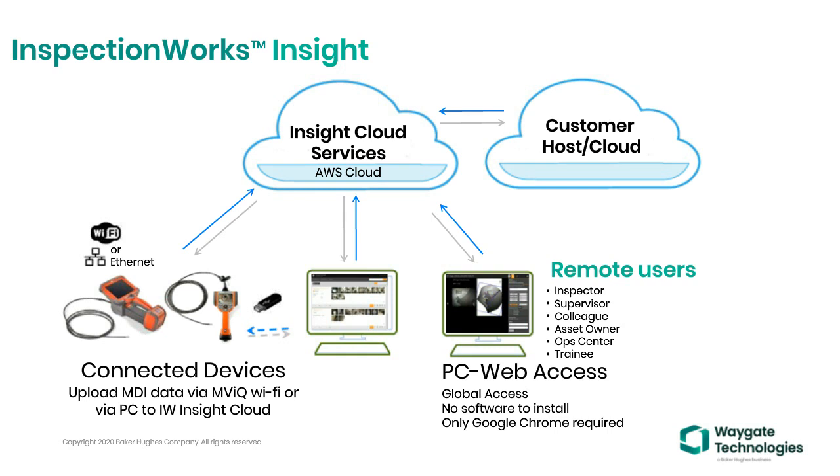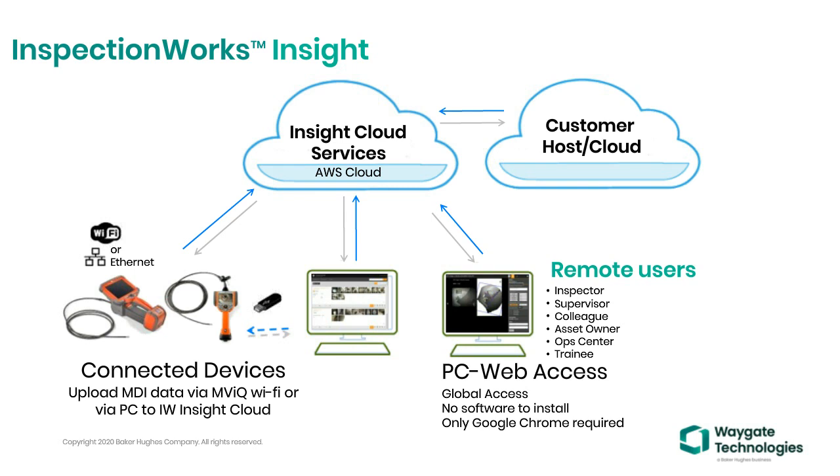As it is often difficult to get a device such as the Mentor Visual IQ directly onto a customer's enterprise network, the InspectionWorks Insight Cloud provides a secure, efficient method to allow inspection data to flow through the InspectionWorks Insight Cloud to a customer's enterprise network environment. In this graphic, you can see that the remote users can log in and access the data in the InspectionWorks Insight Cloud services.